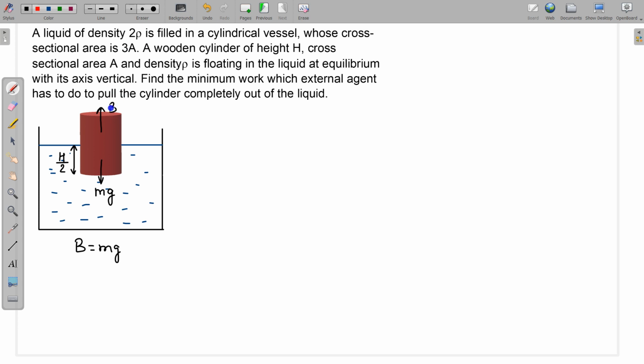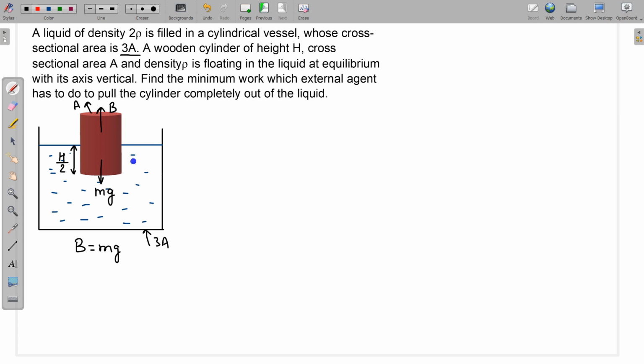But we have to be careful in this situation, because here we are given the cross-sectional area of the container also. So this area is 3A and the cylinder's cross-sectional area is A. In most problems there is no mention of the container's area, and in those problems we assume that the container area is very large compared to the cross-sectional area of the object. In those situations we do not consider the change in level of the liquid itself.